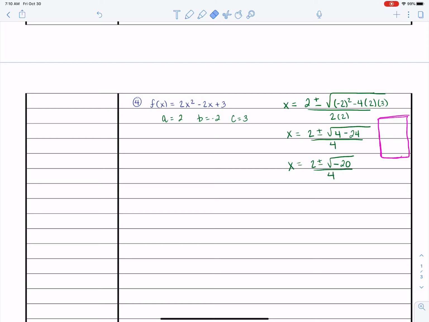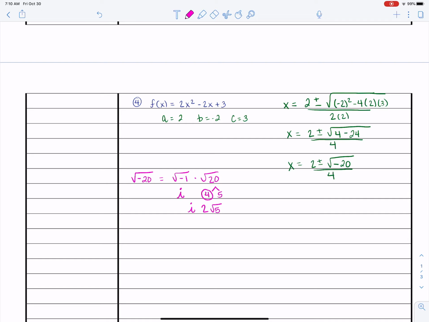Let me make that a little bigger, sorry. Actually, I'm going to come down here because I have room. So the square root of negative 20 is equal to the square root of negative 1 times the square root of 20. Negative 1, i, but 20 can break down to 4 and 5. 4 is a perfect square. The square root of 4 is 2. So I have i and 2 square roots of 5.